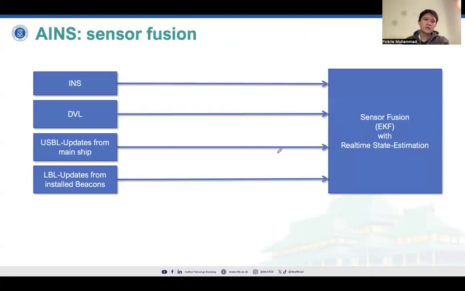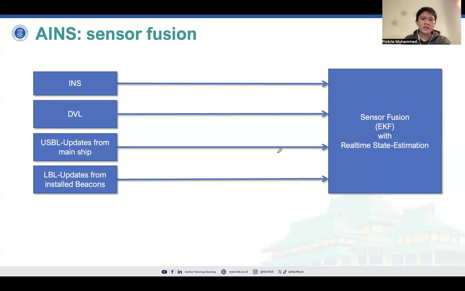All right. So as remarks for AINS or for sensor fusion, of course, if we are talking about offshore positioning, we cannot rely on only one system for our navigation solutions underwater, because we don't have a global reference frame for that, as is available for GPS.